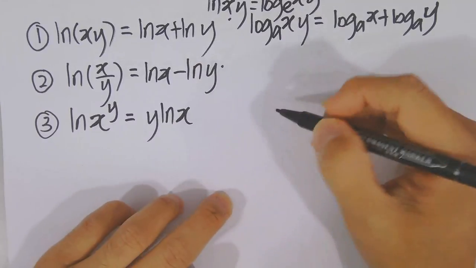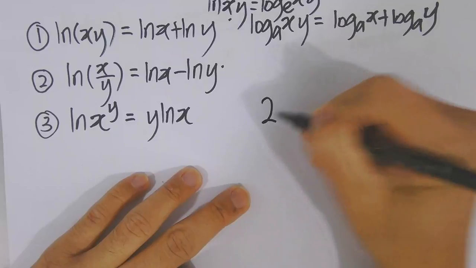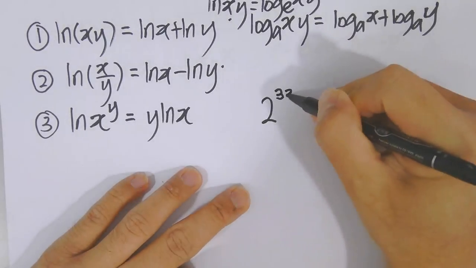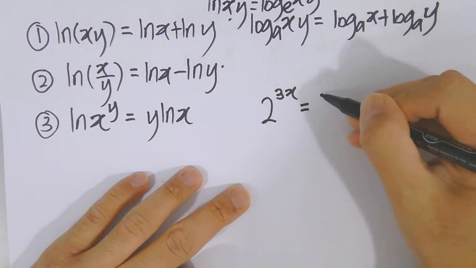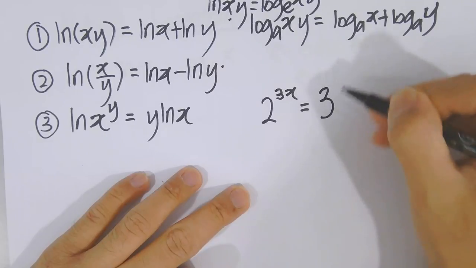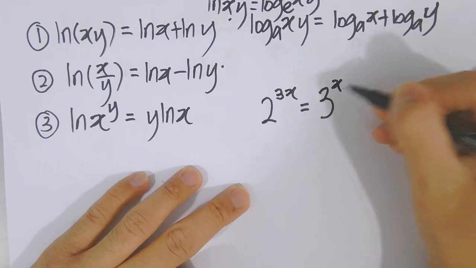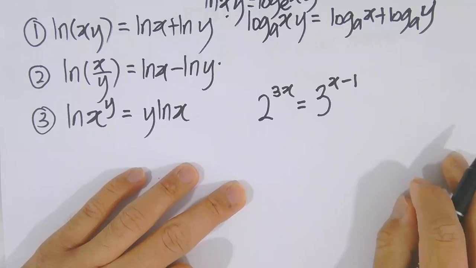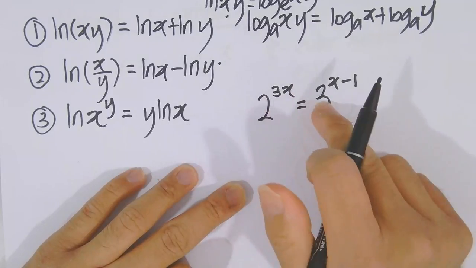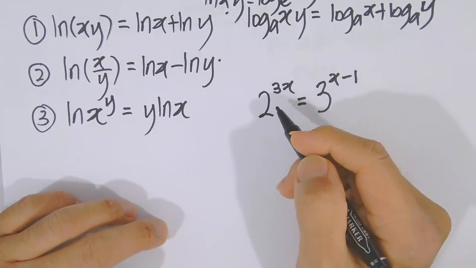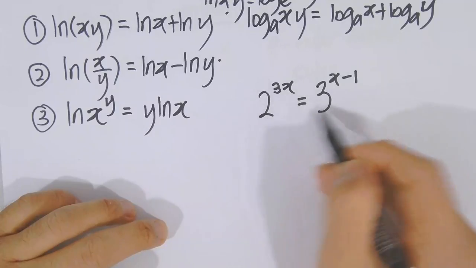For example, if I have 2 to the power of 3x equals 3 to the power of x minus 1, we have two alternatives. Some of you may put log base 10 on both sides.